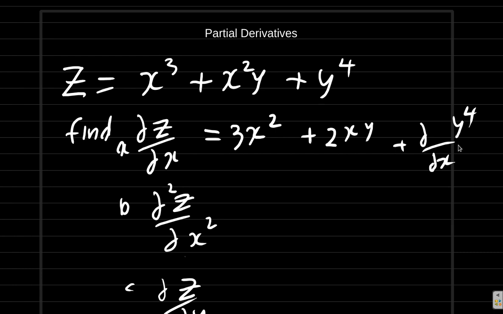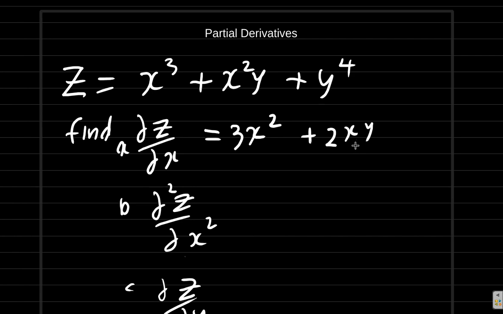So you're treating y to the fourth as if it's just a constant. When you differentiate a constant with respect to x, you get 0. But when you say plus 0, you might as well not even bother putting it. So what you have there is 3x squared plus 2xy.